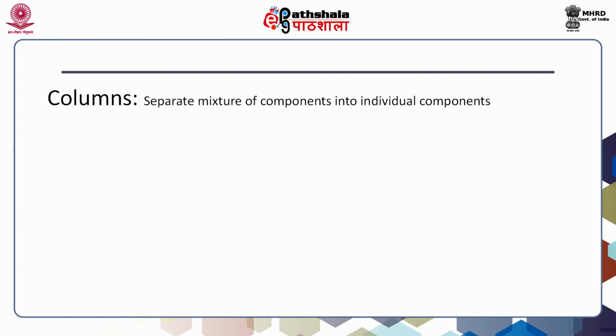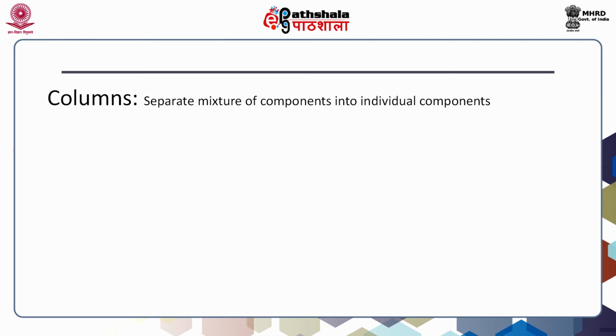Now we will discuss the columns. Another very important component in GLC is the column, because whatever separation has to be done is performed inside the columns. As I said in one of my previous slides, the stationary phase is filled in these columns.